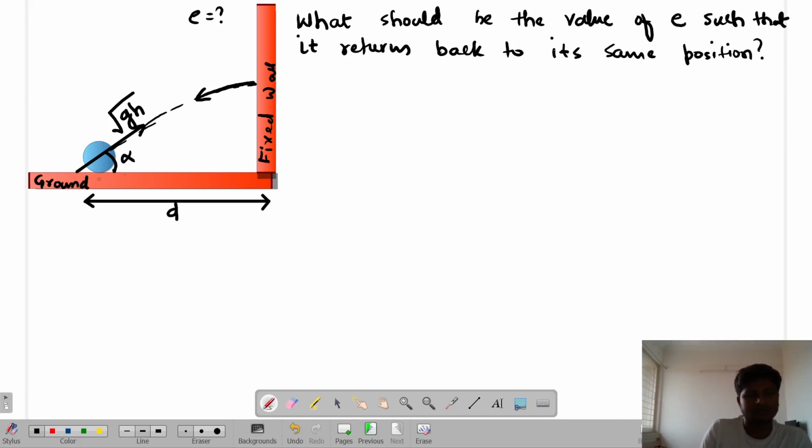This g is acceleration due to gravity only.